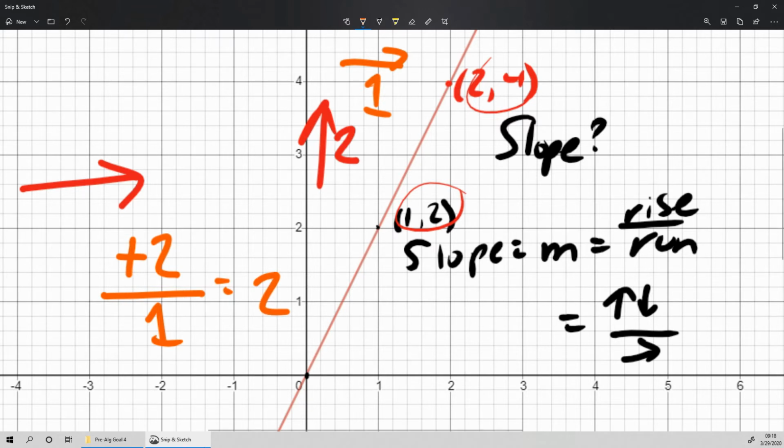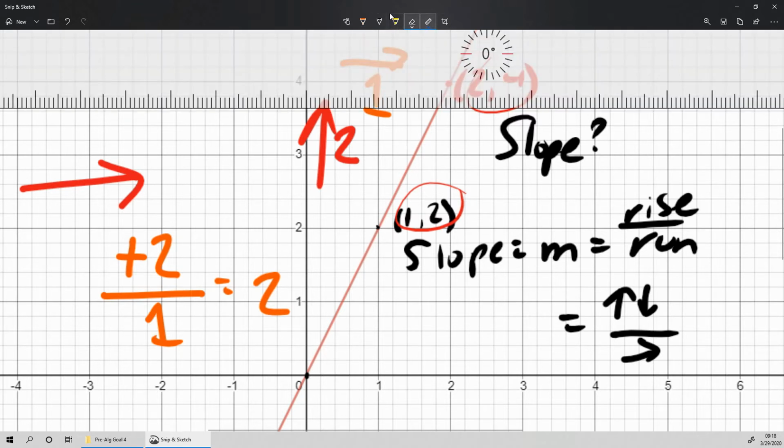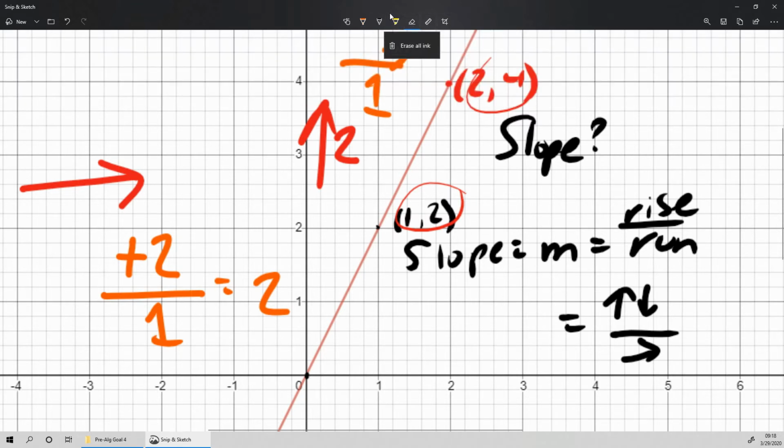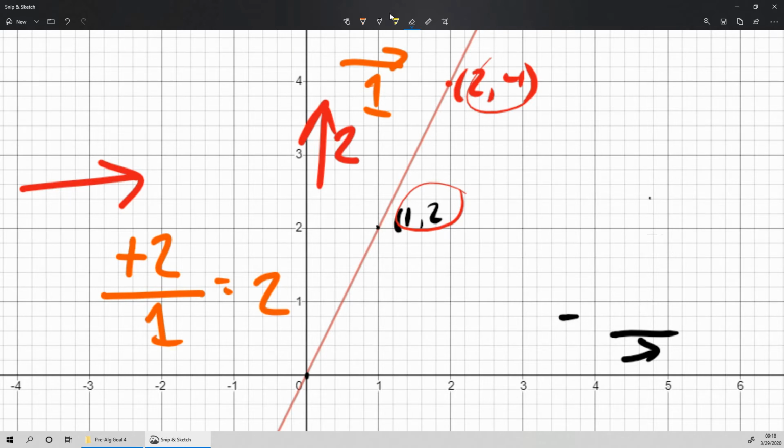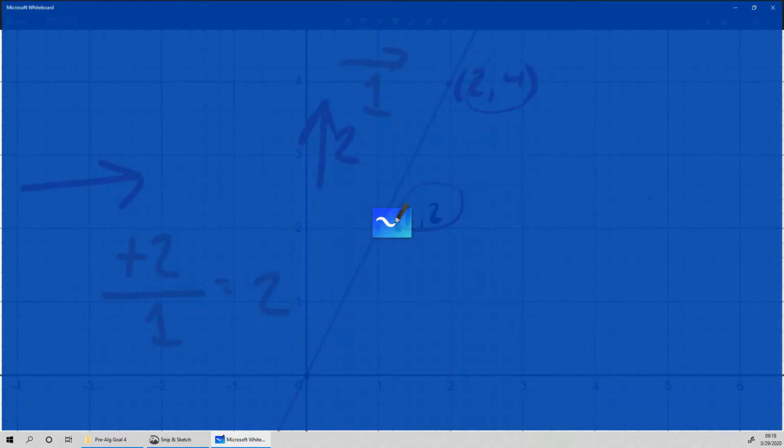Now, I can do the same exact thing with the numbers alone. You're not always going to have a graph. Sometimes you'll just have the coordinates. So how do I find it out if I'm given just my coordinates?